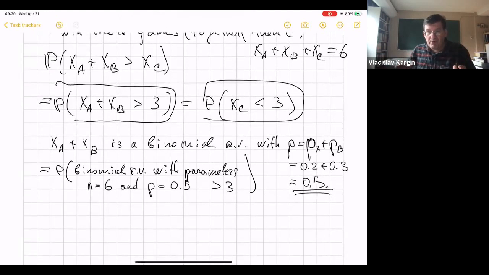What about theorem 4? How would theorem 4 work in this situation?